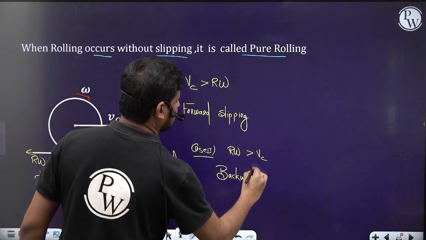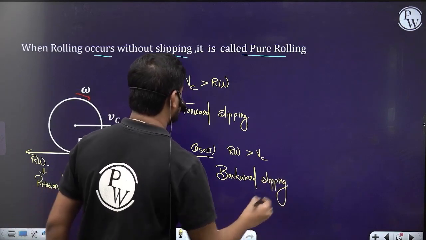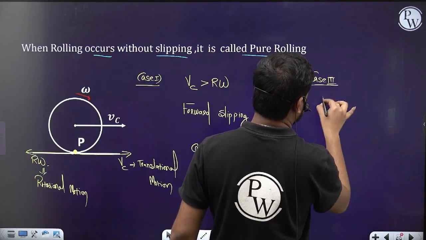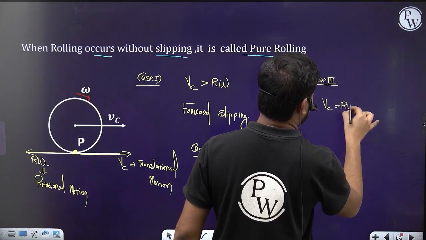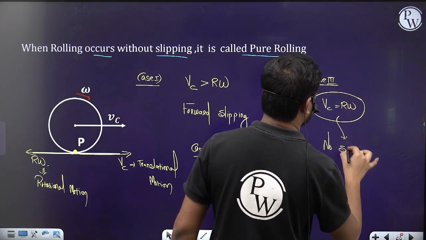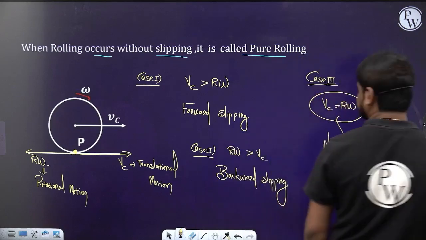Case 3, if Vc is equals to r omega, then this is called no slipping. This is a no slipping condition.